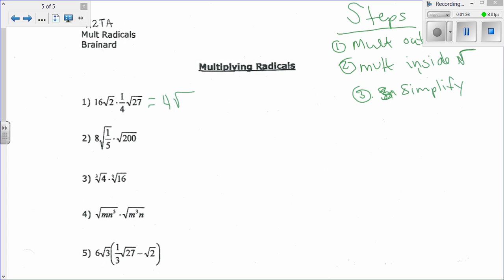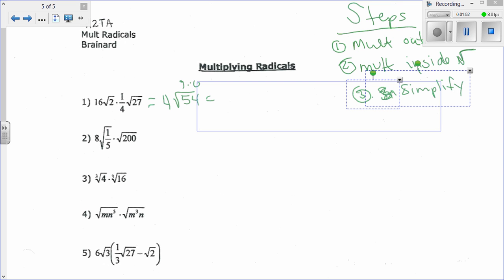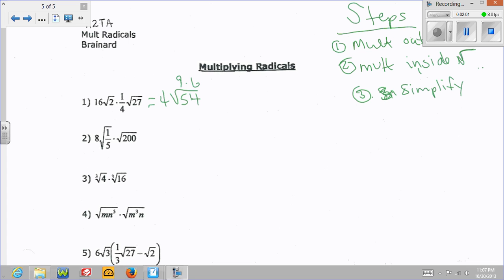Radical 2 times 27 is 54, and that can be reduced. 54 is 9 times 6. And the square root of 9 is 3, times the 4 that's out in front.